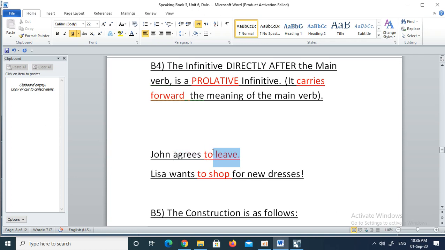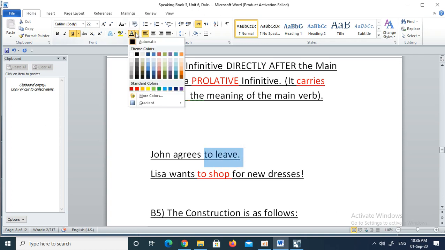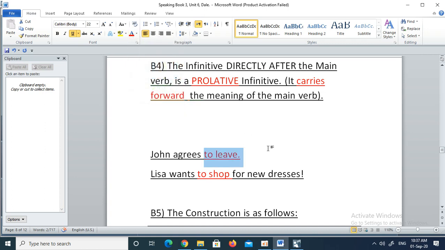Let me show you what I mean. If we say John agrees, I do not know what John agrees to do. If I say John agrees to leave, the infinitive is to leave. Okay, so this is our infinitive. And that then carries forwards the meaning of the word agrees.